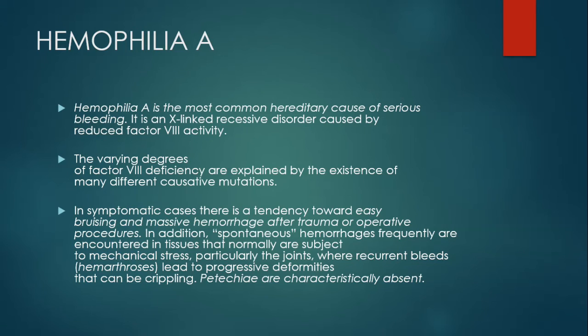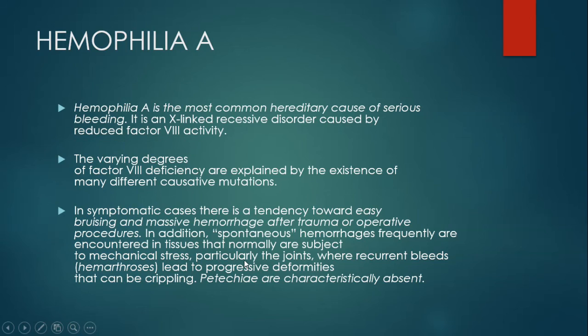In symptomatic cases, there is a tendency toward easy bruising and massive hemorrhage after trauma or operative procedures. In addition, spontaneous hemorrhages are frequently encountered in tissues that are normally subject to mechanical stress, particularly the joints, where recurrent bleeds, hemarthrosis, lead to progressive deformities that can be crippling.